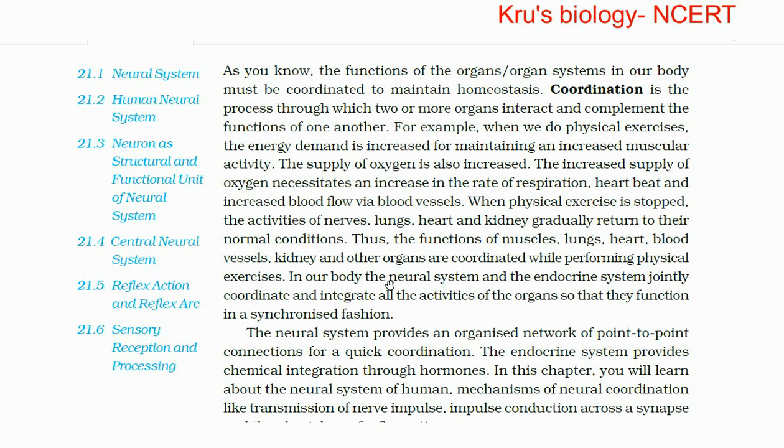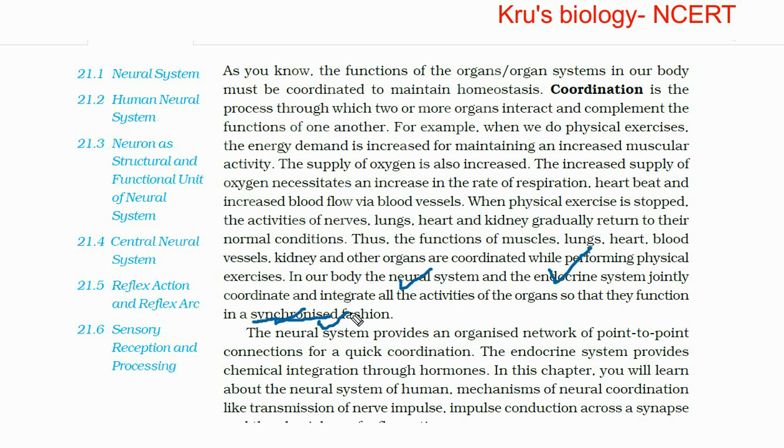The first one is the neural system, and the second one is the endocrine system. These two systems jointly coordinate and integrate all these activities and work in a coordinated, synchronized way.